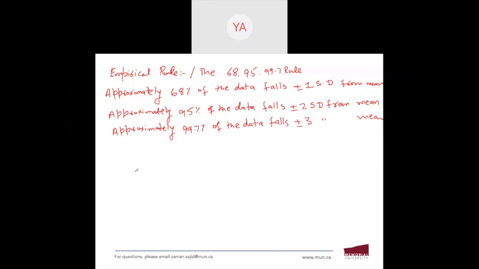Now what does it mean basically? I'm going to draw this standard curve here. So, for example, this is the curve for standard deviation, and this is your mean value in the middle or the center.